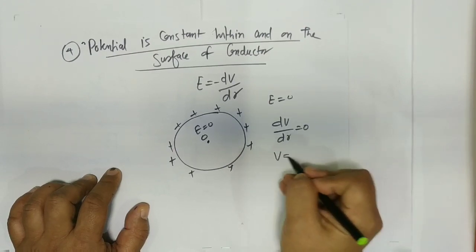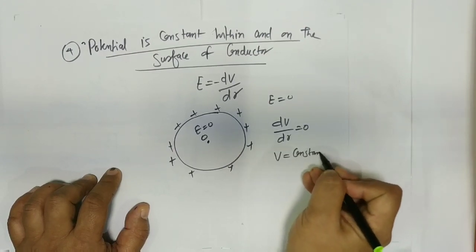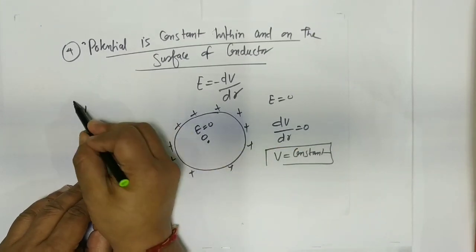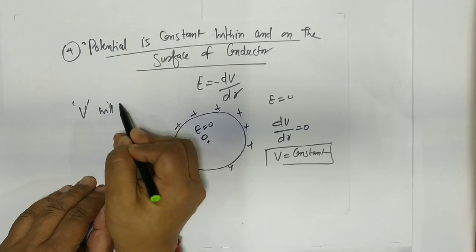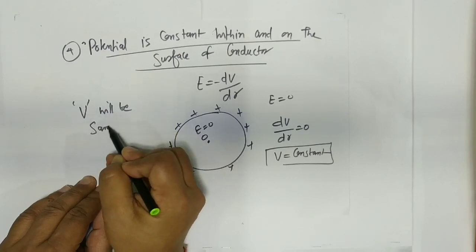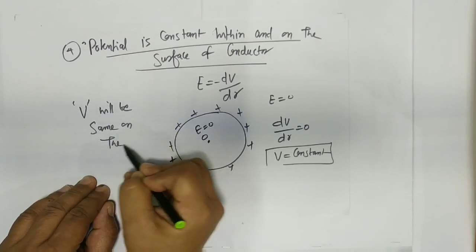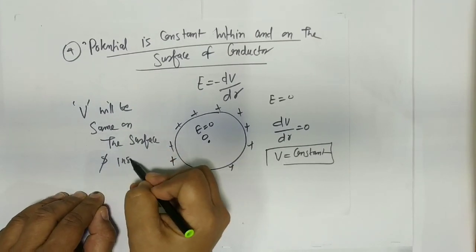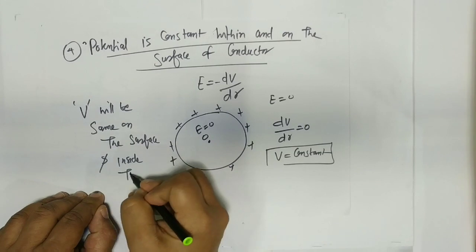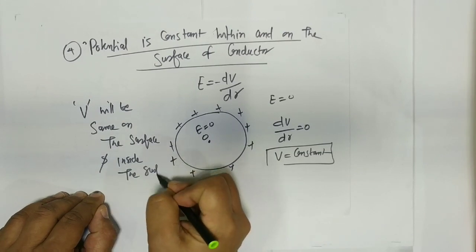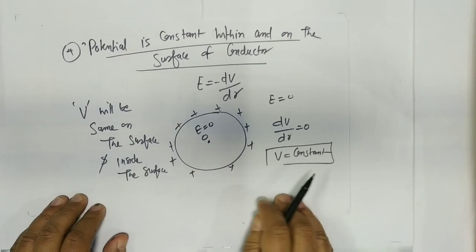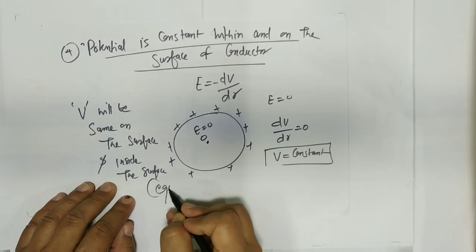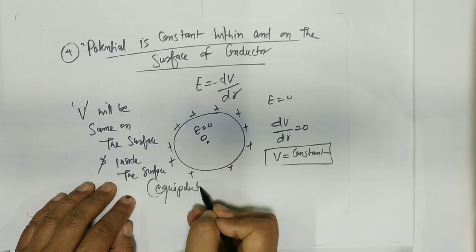What will V be? Constant. It will be the same on the surface and inside the surface. So this is how we say equipotential. So V is constant. This is how we talk about the equipotential surface.